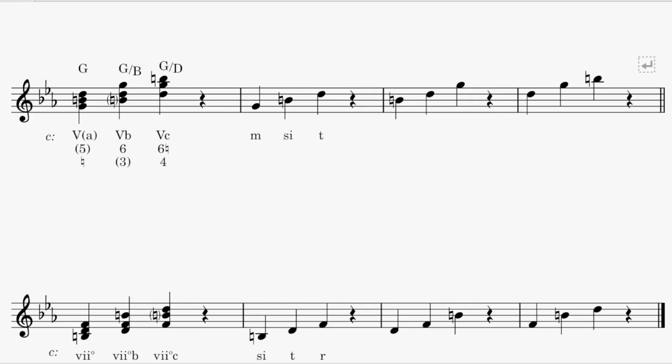Now come to C minor. C minor 5 chord spells as G, B natural, D. Because the B natural is the leading note, we need to raise it. In flat key, we raise it and write the natural sign. So this is 5A, 5B, and 5C with the root, 3rd, and 5th in the bass.